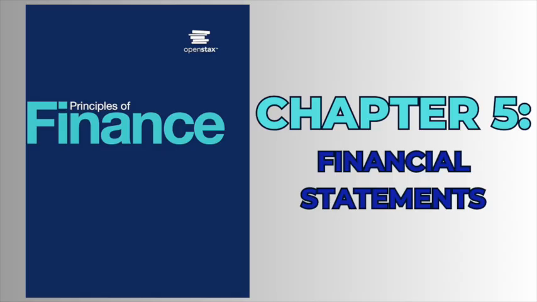Limitations of the balance sheet. The balance sheet is indeed a very helpful financial statement, but it also poses challenges. First, assets on the balance sheet, under Generally Accepted Accounting Principles, GAAP, are recorded at historical cost. Historical cost is simply the cost paid for the item at the time it was purchased. Changes in market value of big-ticket items like land or buildings are not reflected in the balance sheet.